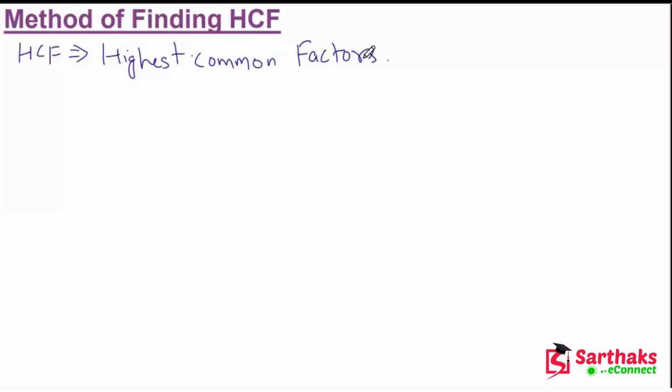In previous lectures, we already learned how to find the HCF using the algorithm method, Euclid's algorithm. Now here we are finding HCF by the prime factorization method.